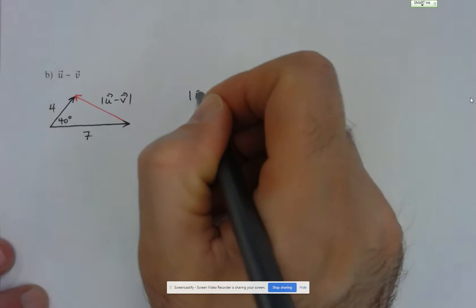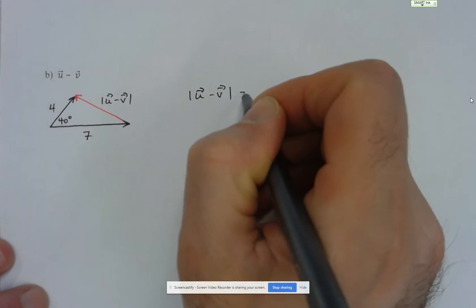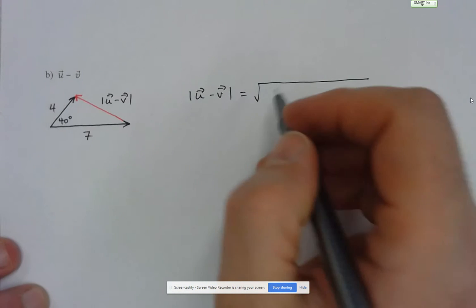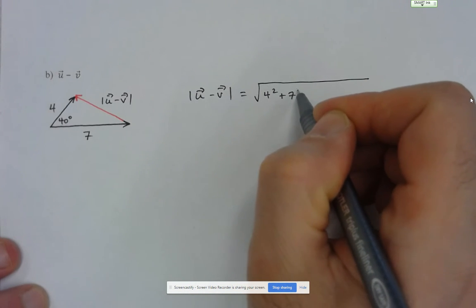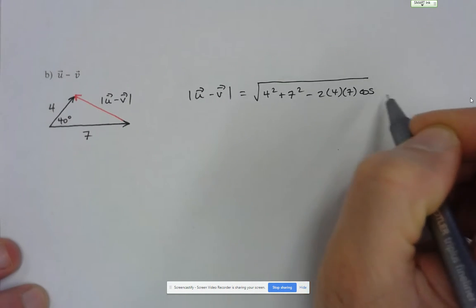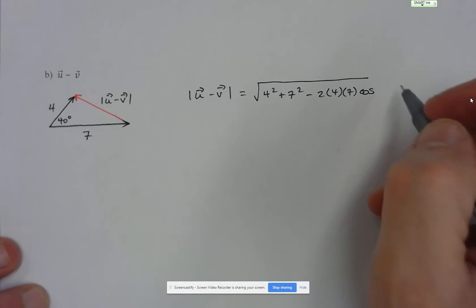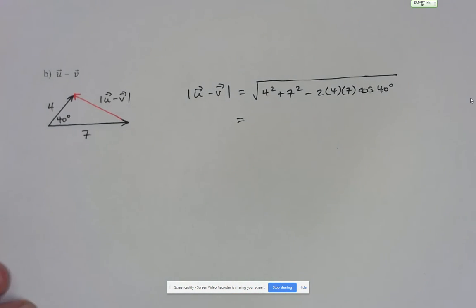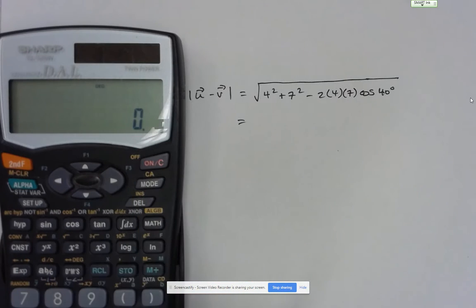So let's start by finding the magnitude of U minus V. This is going to be the square root of the square of the other two sides, so 4 squared plus 7 squared minus 2 times 4 times 7 times cos of the opposite angle, which in this case is going to be 40, not 140 like it was in part A. Let's calculate that: 4 squared plus 7 squared minus 2 times 4 times 7 times cosine of 40.